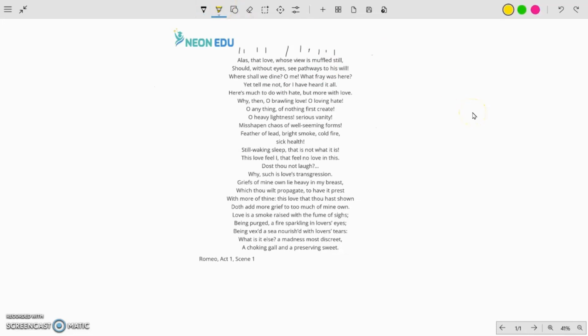While there isn't a clear rhyming scheme, bits of rhyme are present throughout the monologue, particularly in the first and last lines. So still being rhymed with will, while discreet is rhymed with sweet. All of this indicating the poetic structure of the scene. All of this being able to tell us before reading it fully that the scene is dramatic and that his emotions are dramatic.